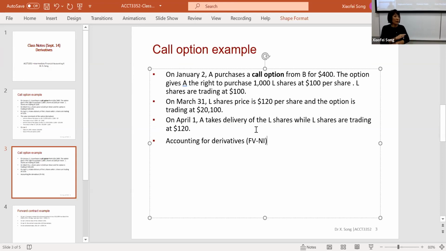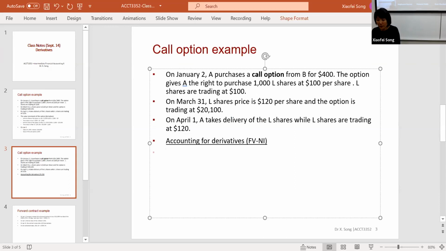So a derivative is just a derivative, and when we treat a derivative without designating it as a hedging instrument, it's fair value through net income. That's all. Okay, so let's use this principle. So that's the record for company A, the accounting entity we focus on.